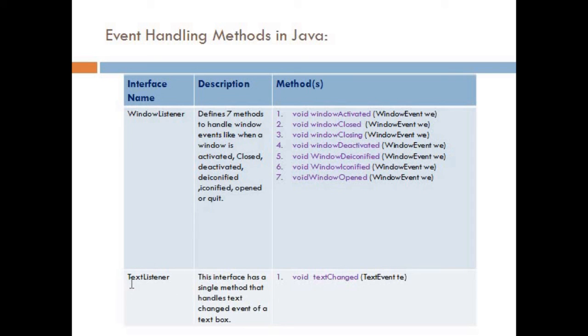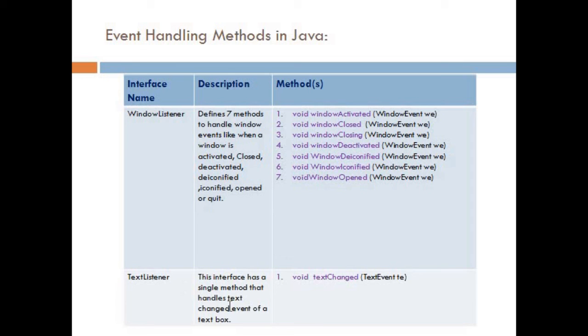Then come to the next interface, which is the TextListener. This interface has a single method that handles the text changed event of a text box. So here is the single method identified as textChanged. This method takes an argument called TE, which is the event message object belonging to the class TextEvent.